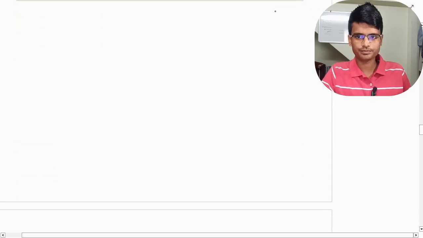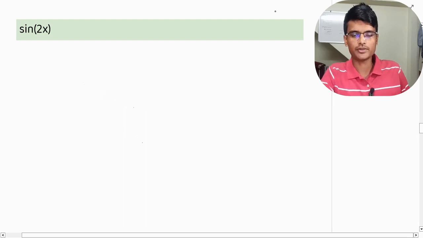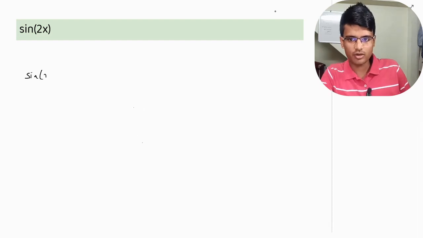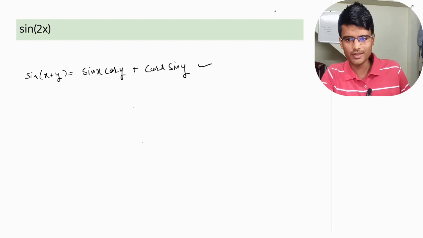Moving on. Now coming to the multiple angles, trigonometric ratios of multiple angles. This is an interesting thing. So sin 2x, what is sin 2x? We have studied what is sin of x plus y. It is sin x cos y plus cos x sin y. In this, if I replace y with x, what do I get?